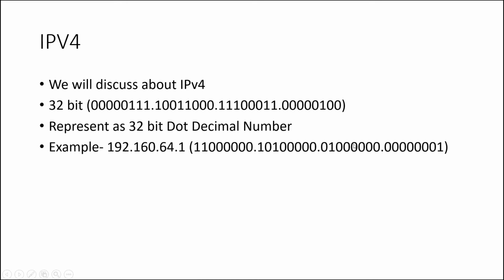Then I go to the third section and convert this to a decimal number. It's 64. The last part, the last octet, we convert into decimal format. It gives 1. So that's why the IP address is 192.160.64.1.